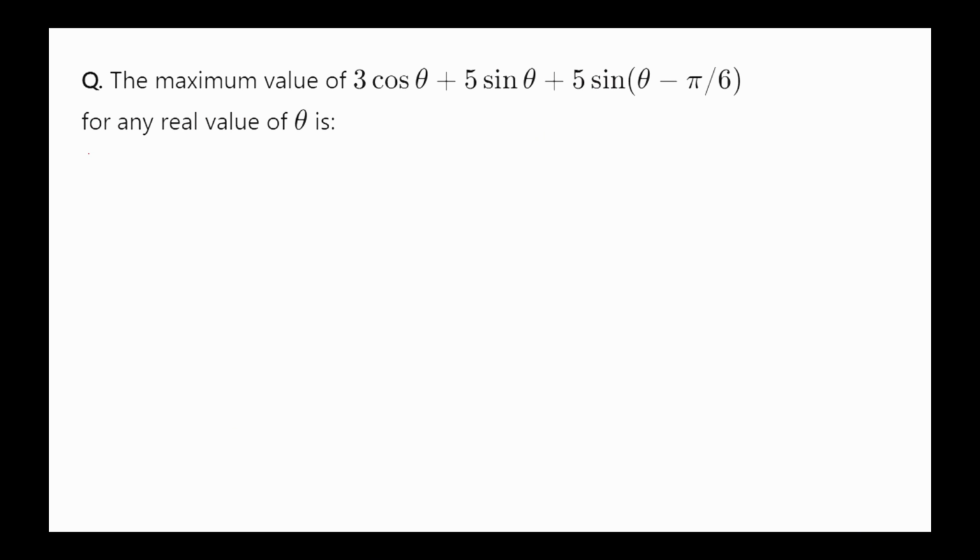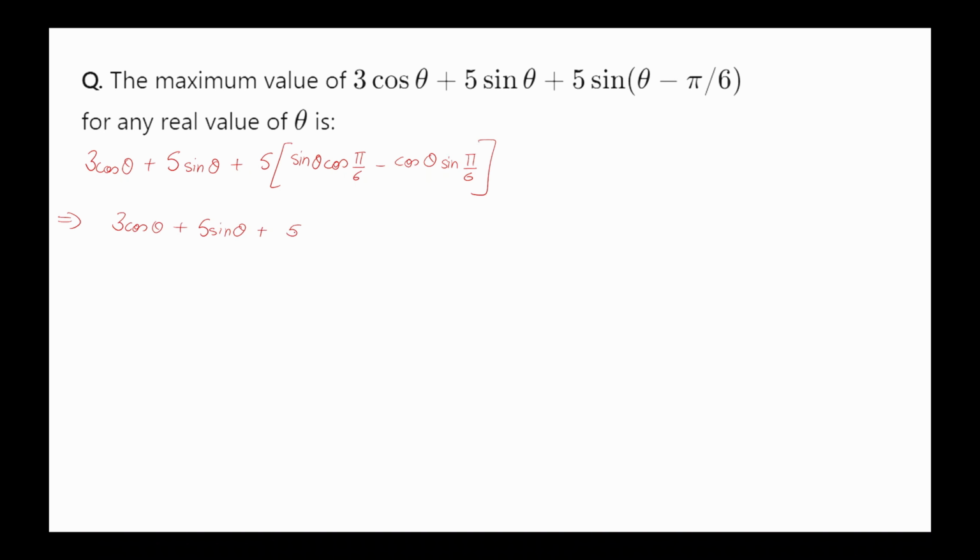So from here we would have 3 cos theta plus 5 times sin theta cos pi by 6 minus cos theta sin pi by 6. Now let me open this bracket up completely. So here I would have 5 sin theta, and cos pi by 6, which is cos 30, is root 3 by 2.